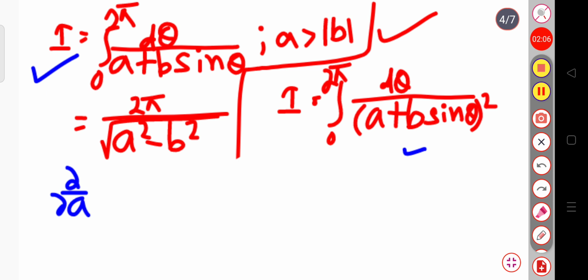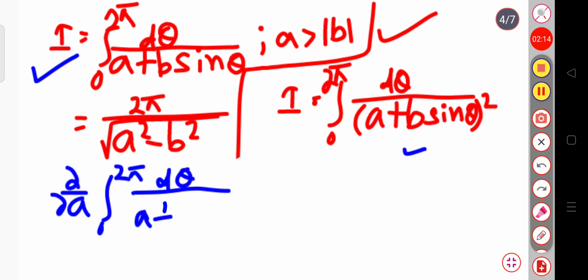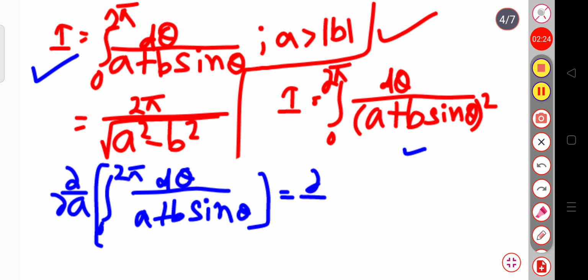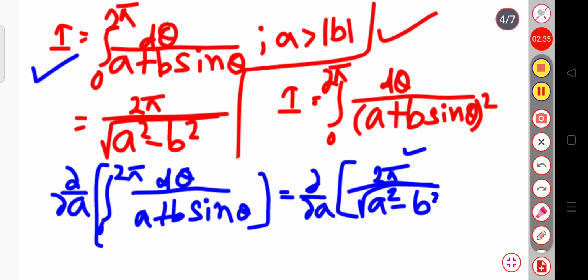So, this will be the partial derivative with respect to a of the integration over the limit 0 to 2 pi d theta divided by a plus b sin theta, which will be equal to the partial derivative with respect to a of 2 pi divided by root over a square minus b square. Now, we will solve this equation.